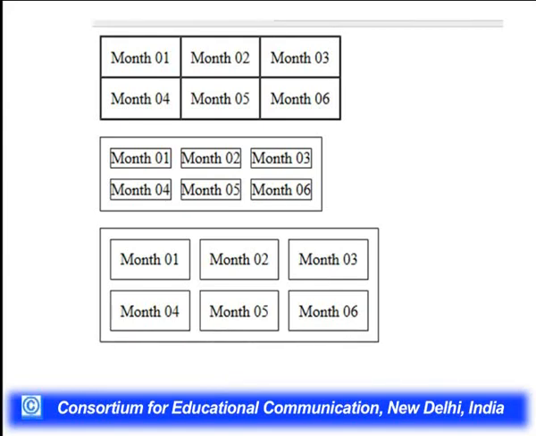So, the cells are 10 pixels apart and the distance between the border of the cell and the content of the cell is also 10 pixels. So, this way you can control the look or the spacing between the contents of your table, or the entire look of the table.